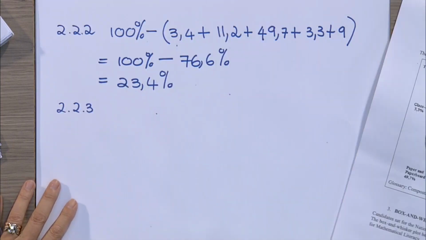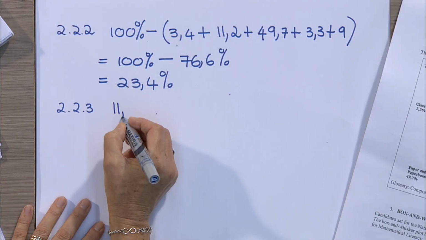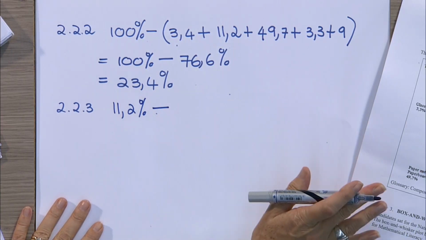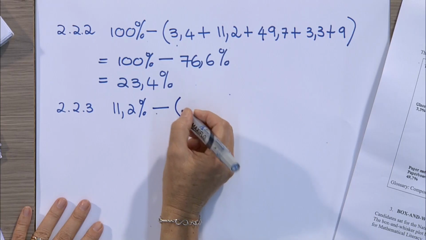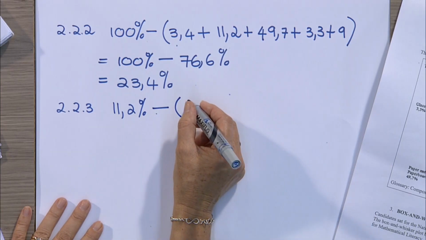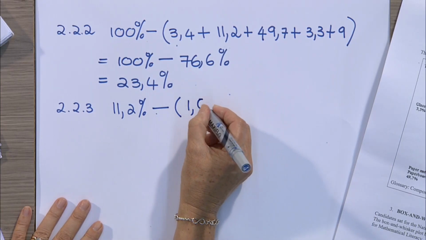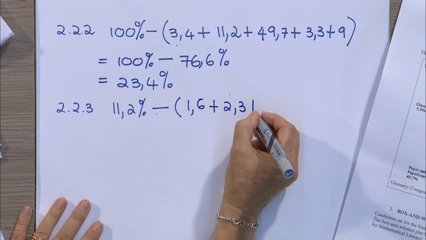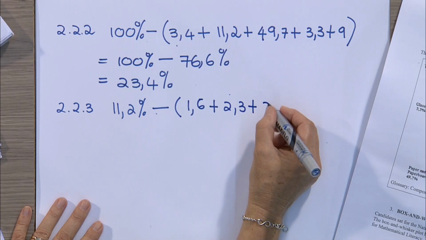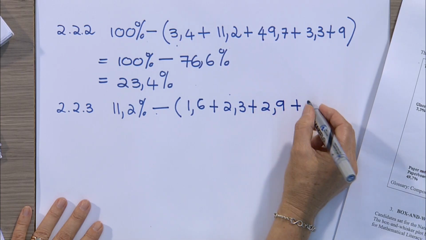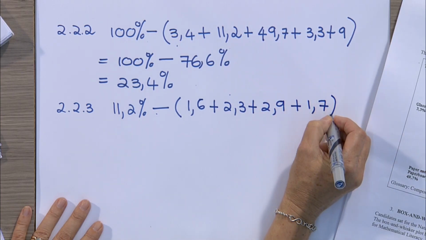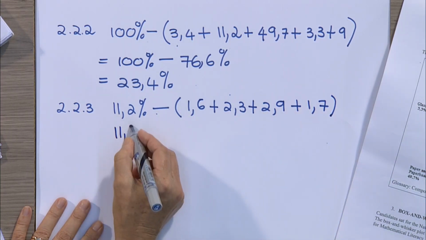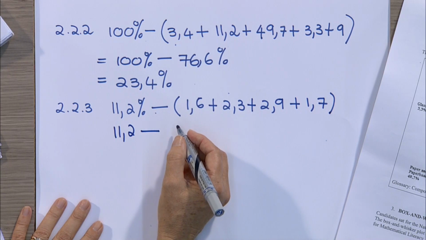So now I know that I must take 11.2% and I must add up everything in the small pie chart, which is 1.6% plus 2.3 plus 2.9 plus 1.7. So I take all of that, I add it up, and I deduct it from 11.2%.